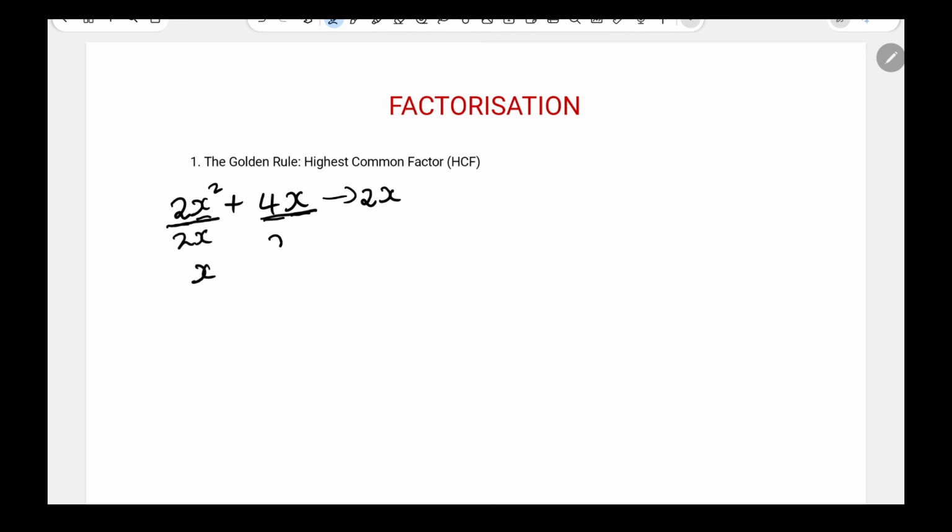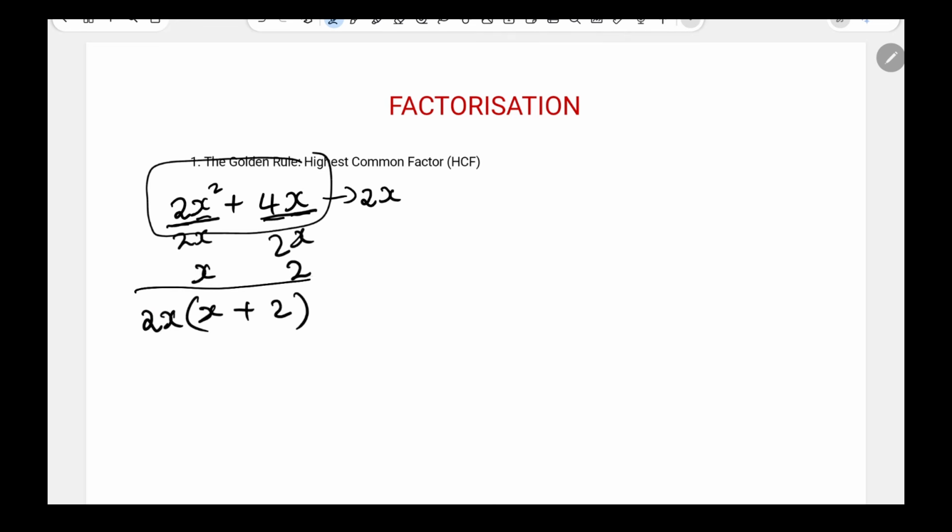Then 4x divided by 2x will give you 2. When we pull out 2x from this expression, we will be left with x plus 2. This is your answer when you factorize.